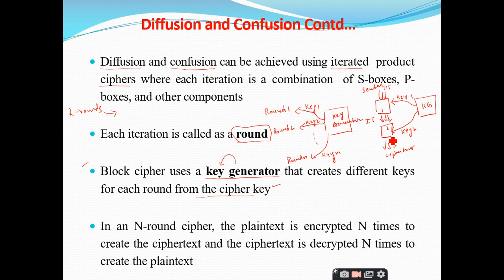This intermediate text is again passed to another round of product cipher, and it is combined with key 2 which is generated by the key generator, and finally I will get the ciphertext, right. So can anybody tell me how many encryptions you have performed here? How many encryptions have I performed if I have 2 boxes?